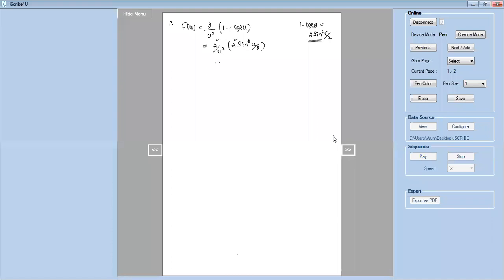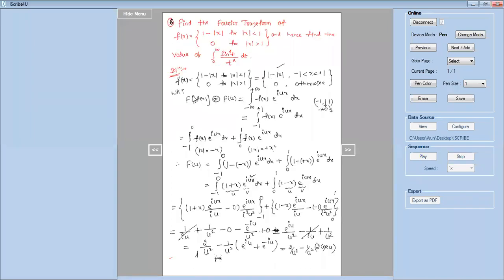So therefore we get f of u equals 4 sin square u by 2 divided by u square. And this is the required Fourier transformation of your problem. This is how we can find the Fourier transformation for your question number 6.